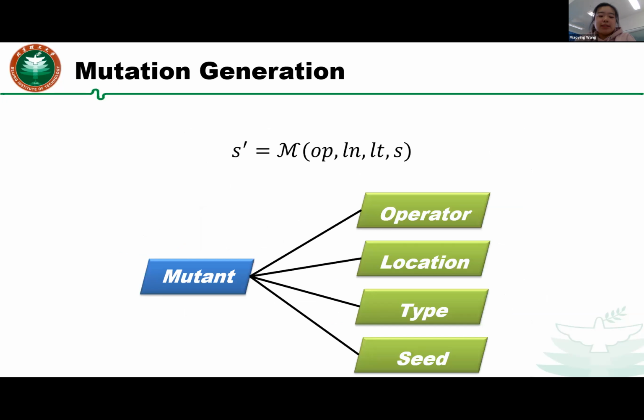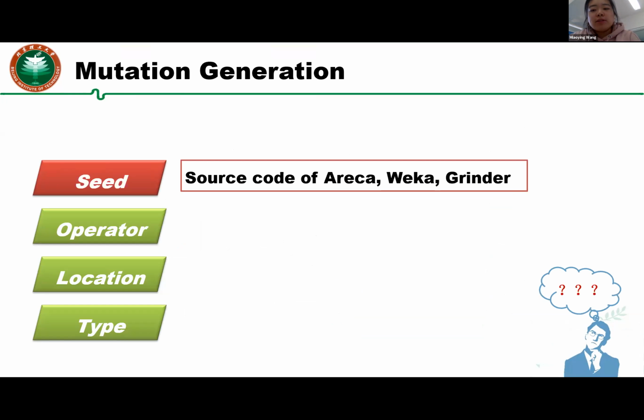Well, now let's be more detailed. The mutation generation is based on 4 elements: operator, location, type, and seed. For seeds, in our approach, we randomly pick a legal program from the given corpus. The corpus includes source code of 3 well-known open source applications: Erica, Wika, and Grinda.